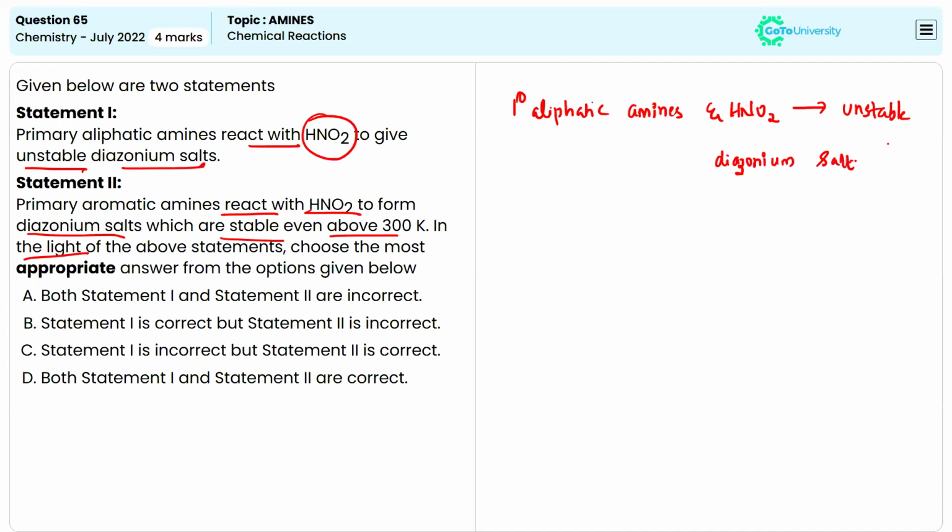Okay, now this unstable diazonium salt will be converted to alcohol. So what is the reaction? First, let us represent the reaction.